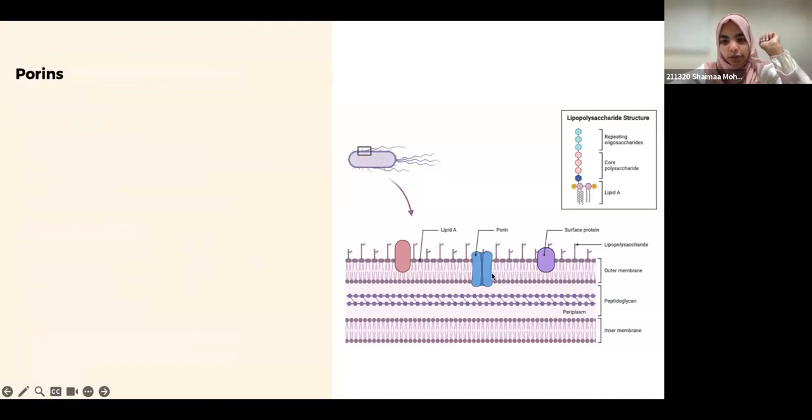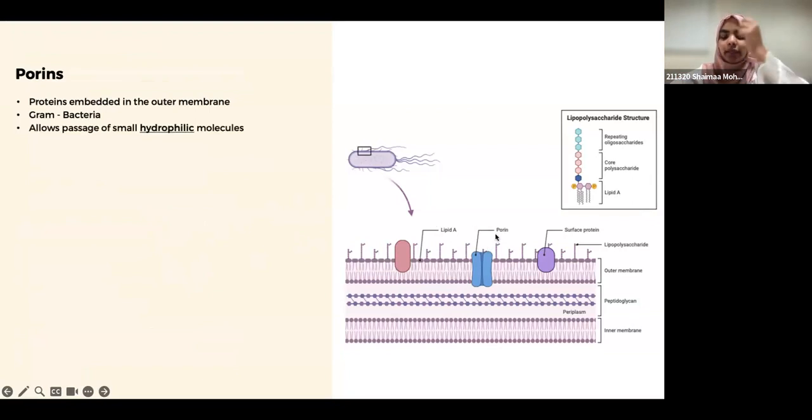The porins are proteins embedded in the outer membrane, not the cell membrane, present in gram-negative bacteria. And what's their function? The transport of small hydrophilic molecules inside or outside the cell.